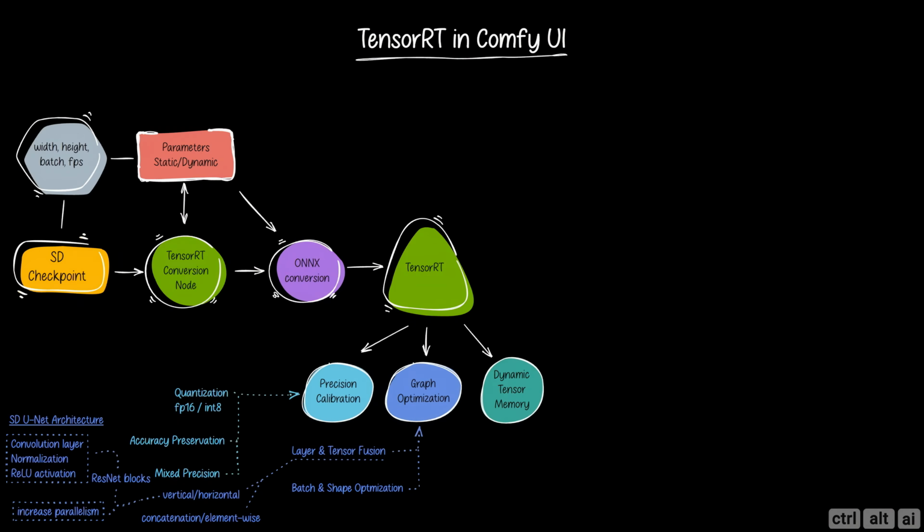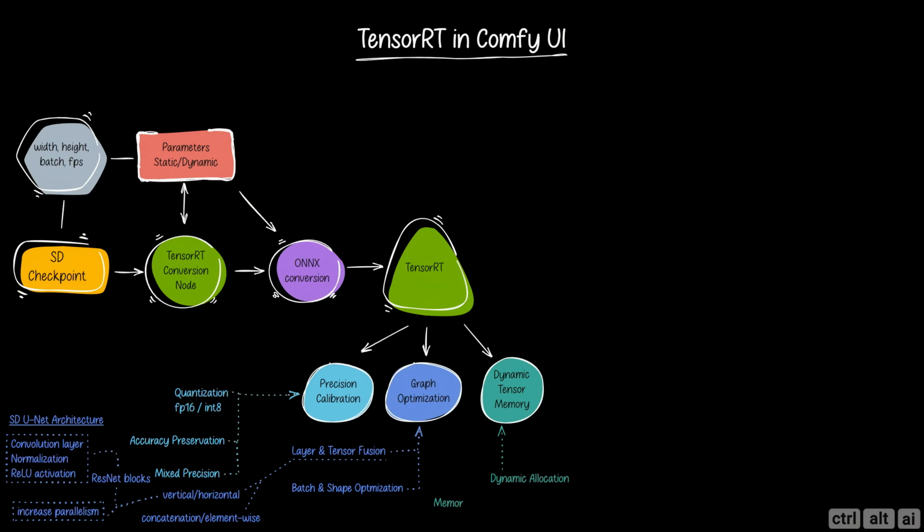TensorRT also efficiently manages the GPU VRAM. Instead of pre-allocating a fixed amount of memory, TensorRT dynamically adjusts the allocation based on the actual size of the image resolution and batch size. This ensures that memory is not wasted on unnecessary allocations for smaller images or batches.